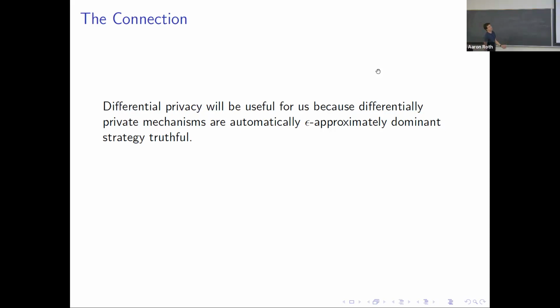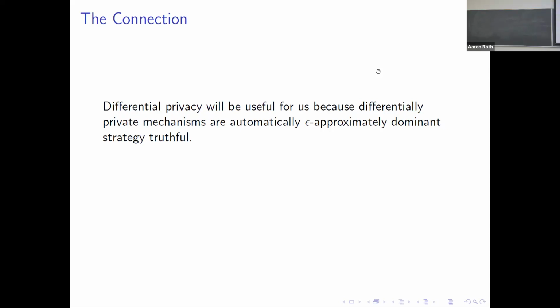For example, when we characterized single parameter domains, and we said a mechanism in a single parameter domain is truthful, or can be made truthful with payments, if and only if it's monotone, what we did is save ourselves from having to think explicitly about truthfulness as a constraint. We put ourselves in the position where we could just try to design monotone algorithms. That was how we got truthful mechanisms for the knapsack problem, for example.